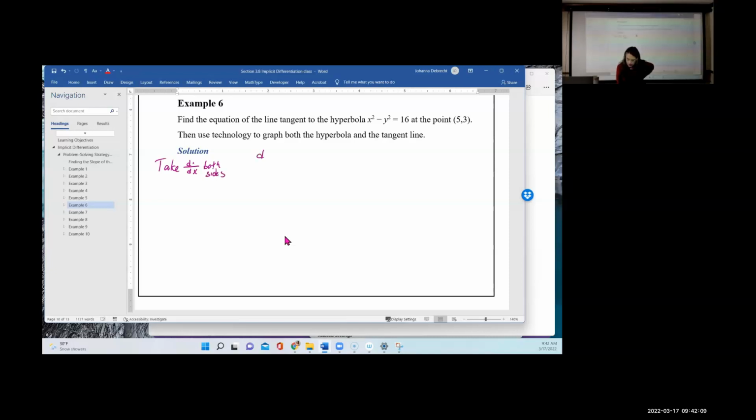So this is going to give me the derivative of x² minus y² equal to the derivative with respect to x of 16, which gives me 2x minus 2y dy/dx equal to 0. Then we're going to isolate our dy/dx terms. And that's going to give me 2y dy/dx equal to 2x.